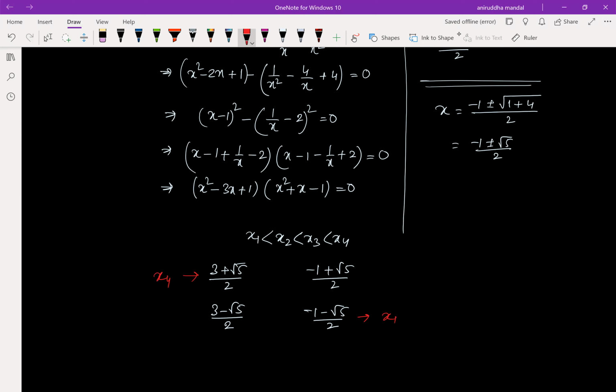So let's take root 5. Root 5 means 2.236, so let's say 2.2, and plus minus 1, so this is 1.1 by 2, approximately 0.5. And this is 3 minus root 5, 3 minus 2.23.